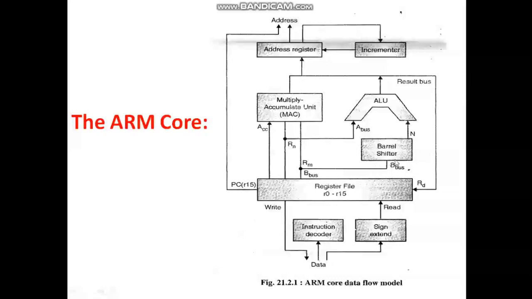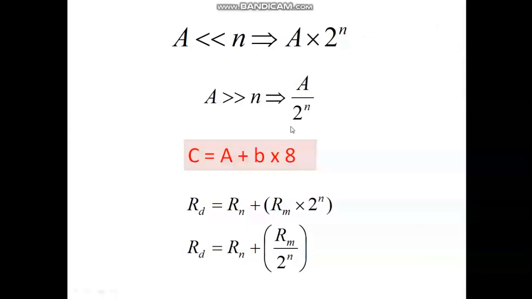The barrel shifter is a circuit that can either shift or rotate a 32-bit number to the left or to the right by, say, n bit positions. As we know, when a number is shifted left by n bit positions, effectively it is multiplied by a factor of 2 raised to n.